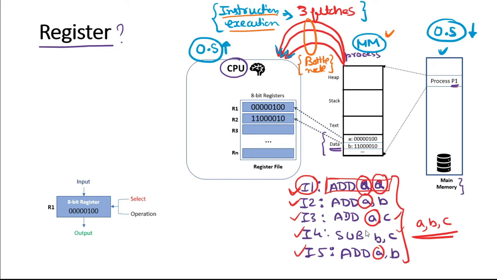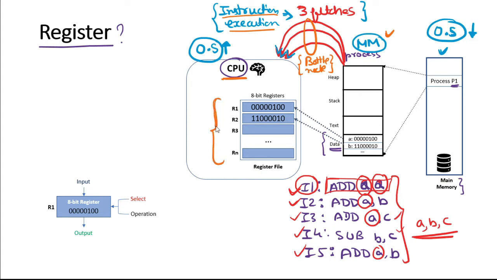So how can we work around this? What scientists did was they provided the CPU a kind of local memory inside the CPU.